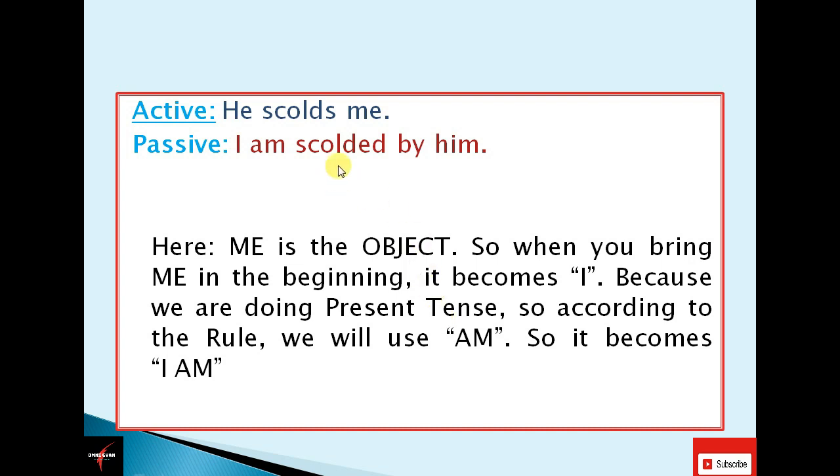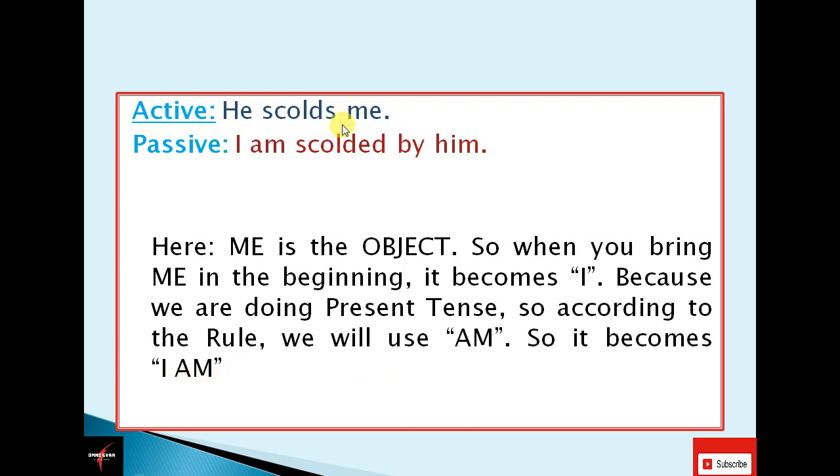We don't say I is scolded, or we don't say I are scolded. These are broken English. So we use this with the personal pronoun I, and because I is singular, we use the word am.